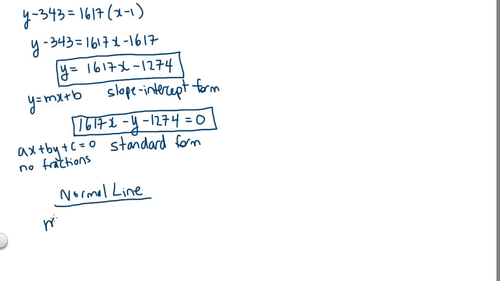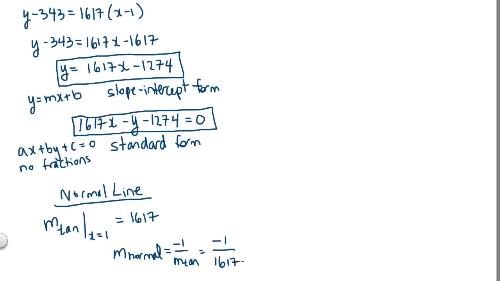Well, we already said that the slope of the tangent line at the specific point that we were interested in was 1617. Now, to get the slope of the normal line, we just have to remember that it's going to be the negative reciprocal of the slope of the tangent line. So slope of the normal at the point that we're interested in is minus 1 over 1617.